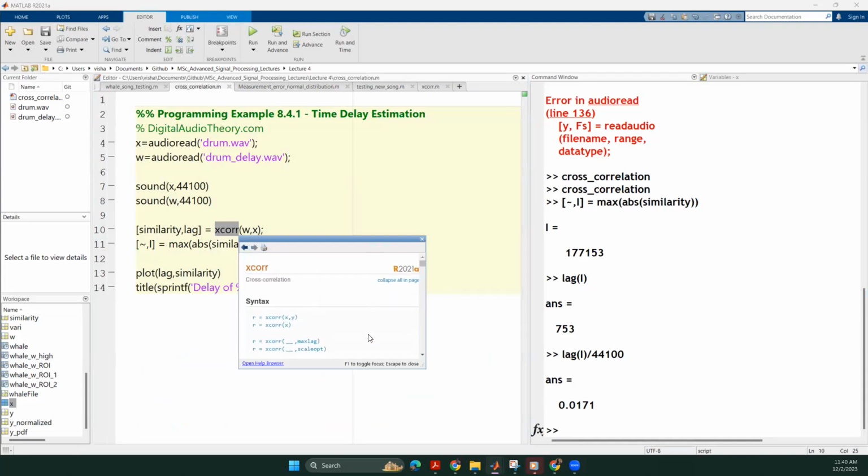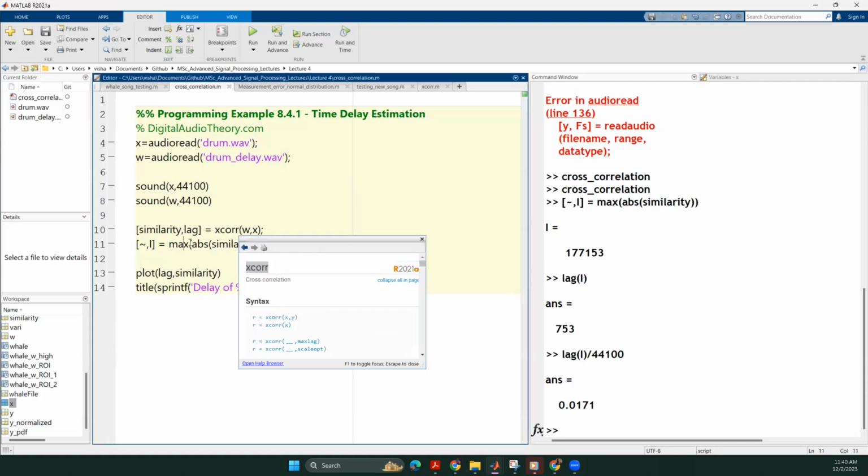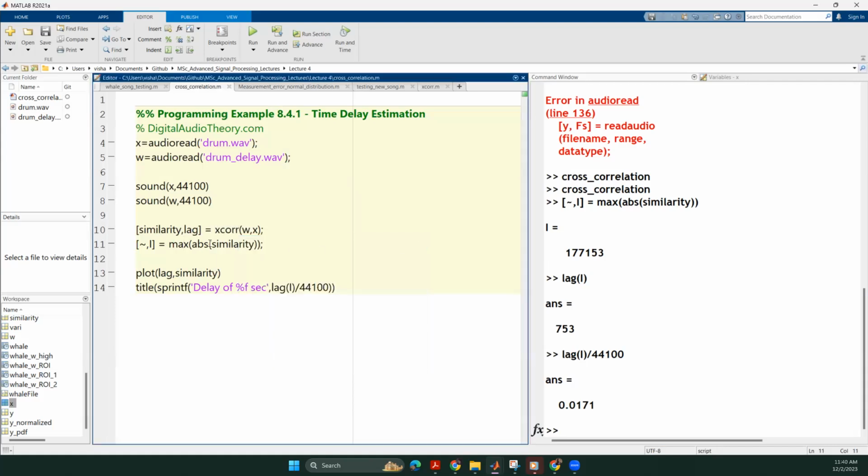This documentation is the same one that appears on MathWorks. The xcorr function can give two outputs. One output it can give is the similarity between the two samples that we are comparing.